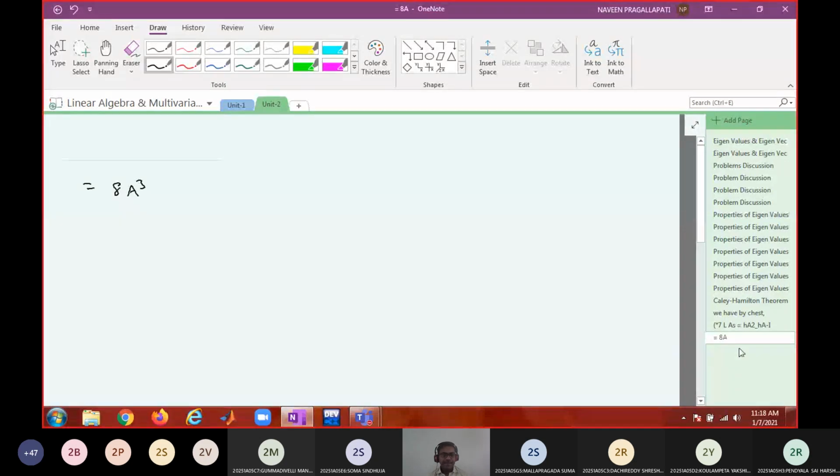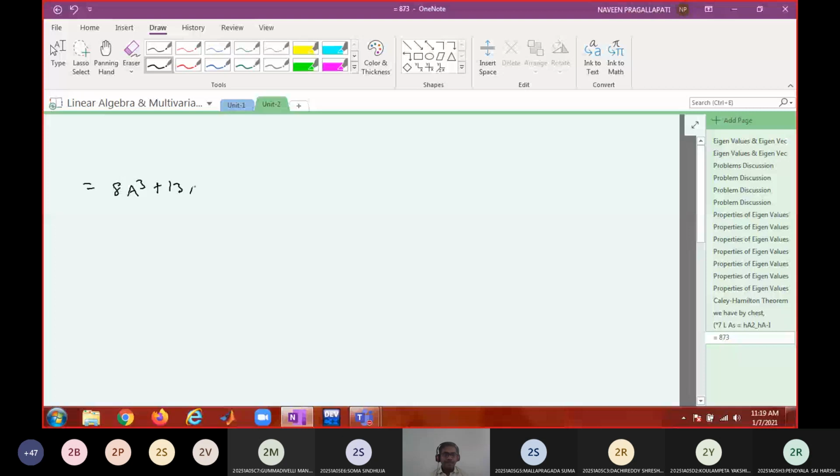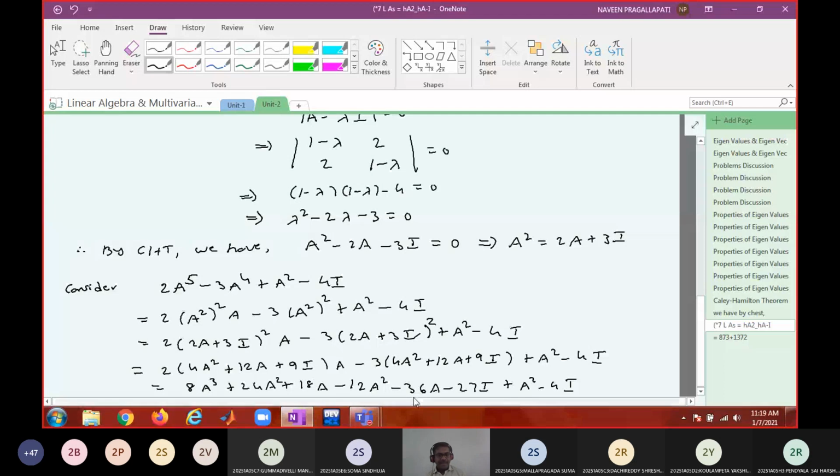Second degree: 24a square minus 12a square is 12a square plus a square is 13a square. So first degree: 18a minus 36a minus 18a, that's it, minus 18a, no? So minus 18a.